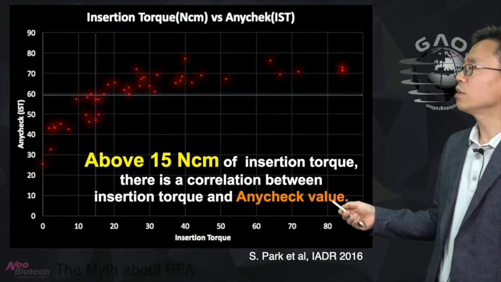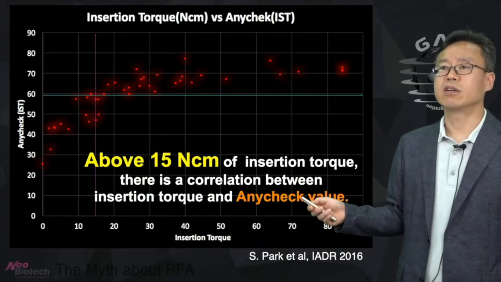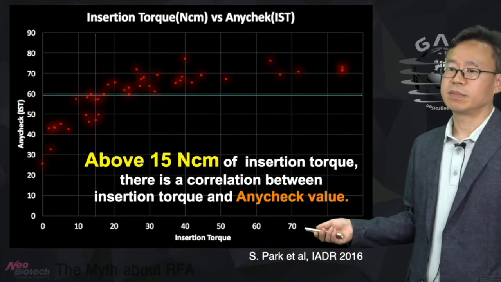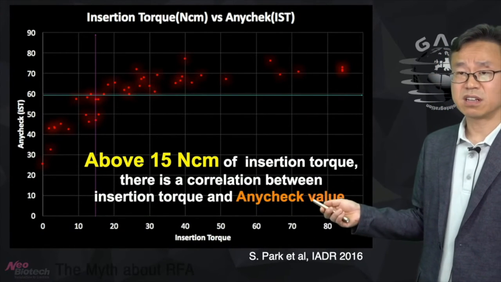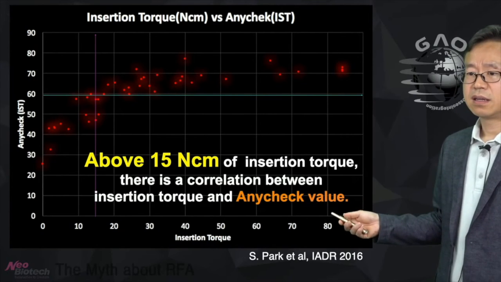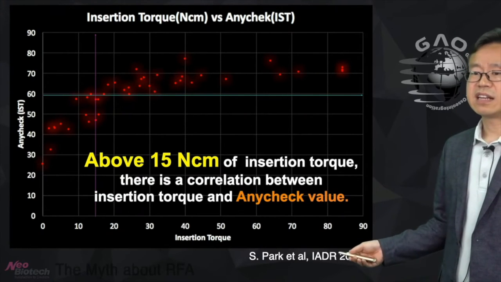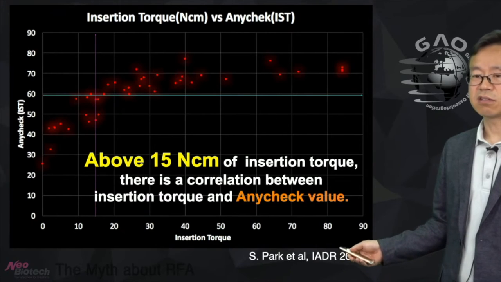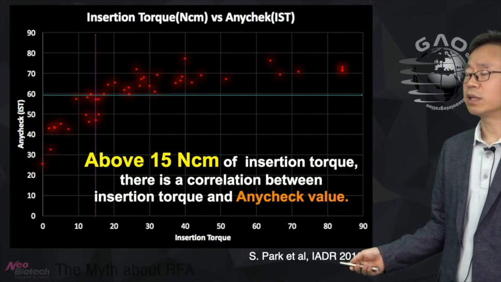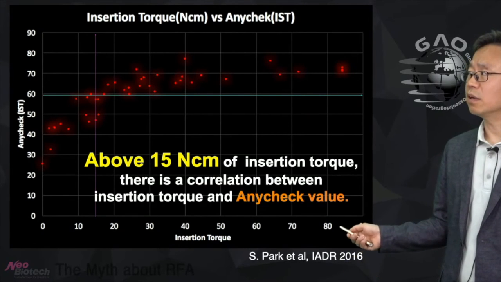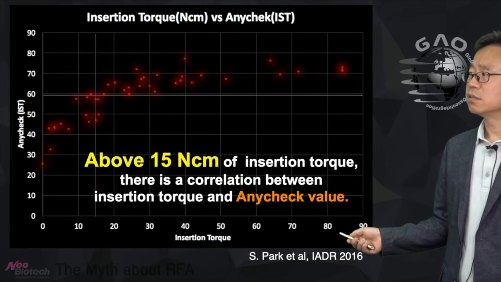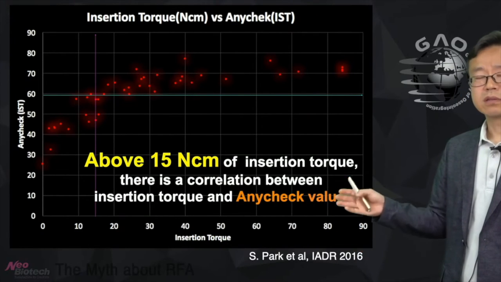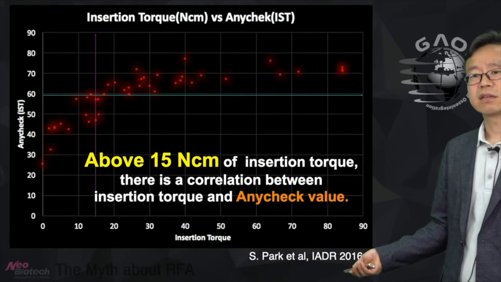Here's the most critical difference, though, between Osstell and AnyCheck, based on Professor Park's study. I personally like this result a lot. I think this is a great finding about the difference between ISQ and AnyCheck.